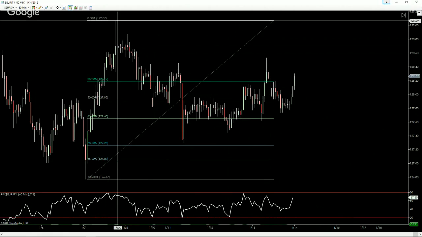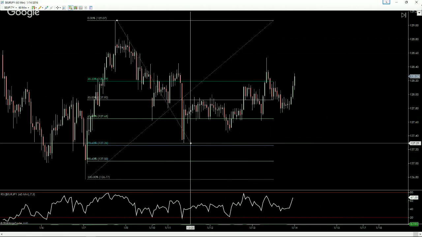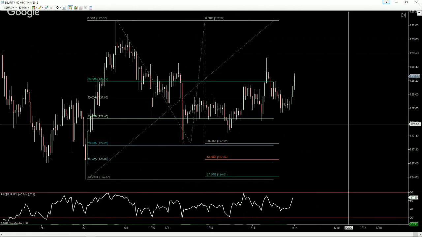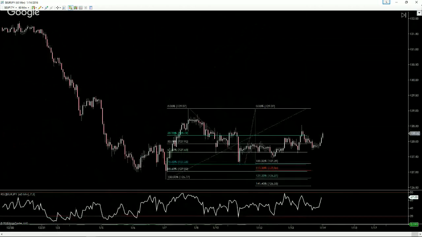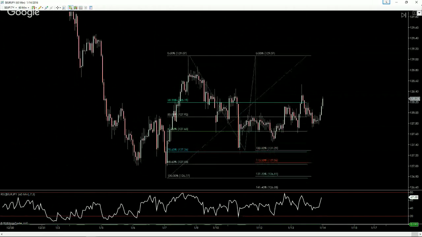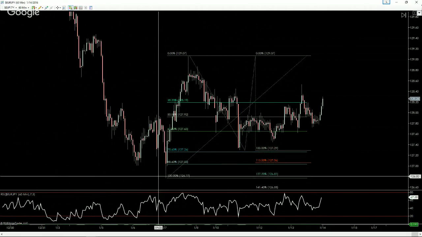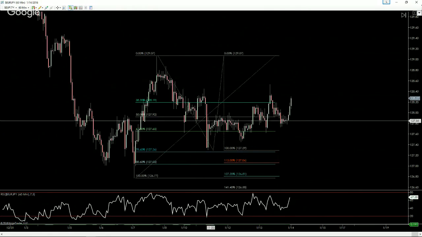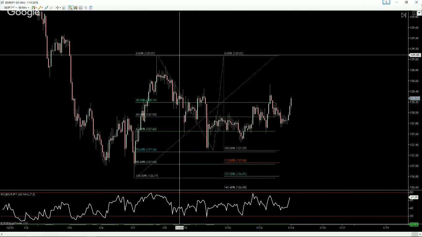Another deep Gartley. That's actually a really deep Gartley that terminates just right above that X level. So that will give you a really good risk to reward ratio.